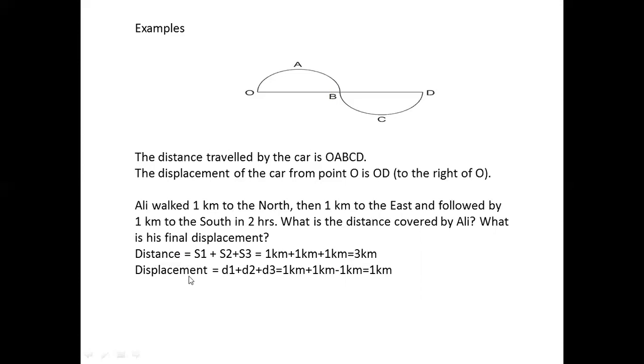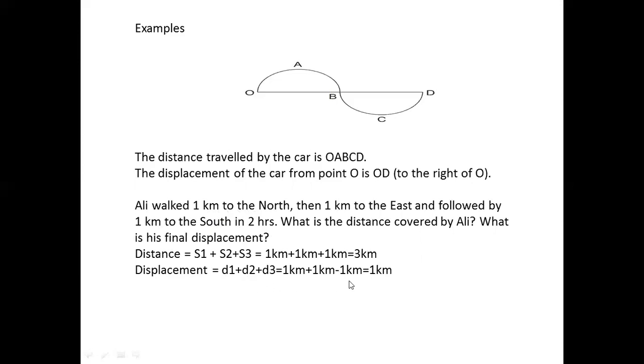Now coming to displacement, the value of the first displacement is 1 kilometer to the north. The value of the third displacement is 1 kilometer to the south. So the third displacement is in the opposite direction to the first, and the opposite displacement will be assigned a negative sign. Displacement will be calculated by the formula d1 plus d2 plus d3.